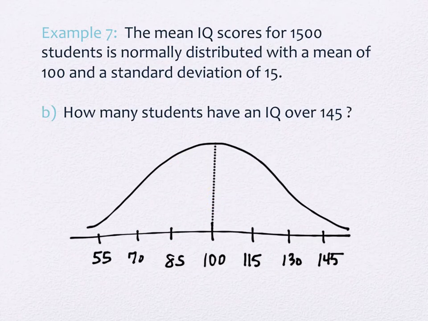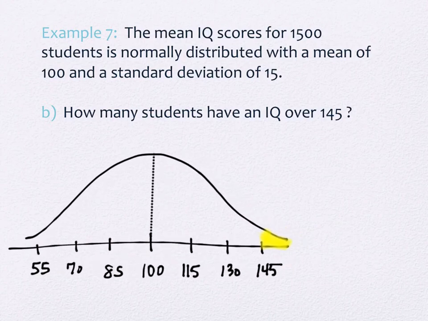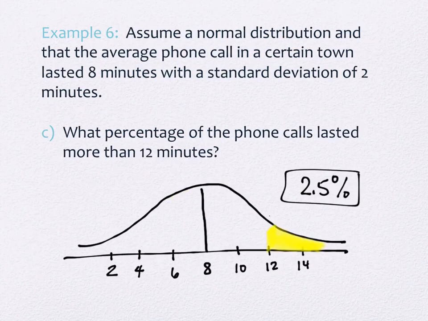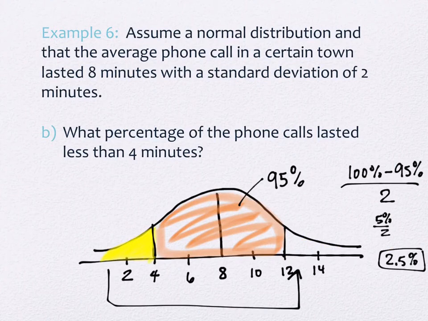Okay. Now we're going to do more than, over 145. So that's over here. That's slightly different than a question we've seen before, but it's related to it. How could I find that little bitty yellow sliver? How did I find the outer yellow slivers over here? I used some subtraction, right?